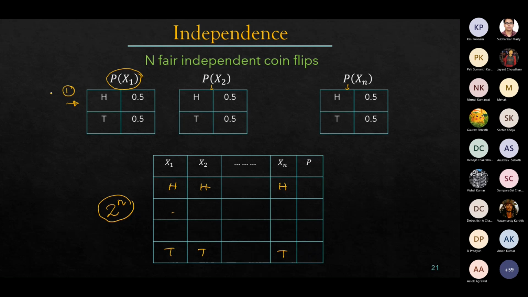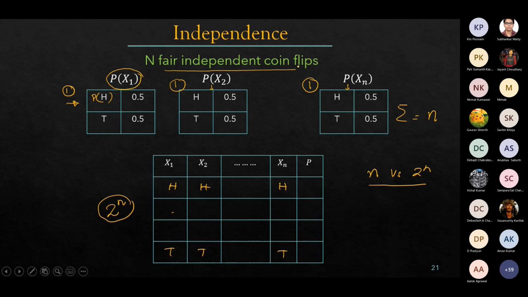I have to make only one assignment, because if I know the value of probability of H, then I can compute the probability of T. So that's why we need one assignment here, one assignment here, and one assignment here. So in total, we need n assignments. So you compare n versus 2 to the power n. So we are gaining a lot here, right? But you see, we cannot really have this assumption that all the variables are independent of each other.